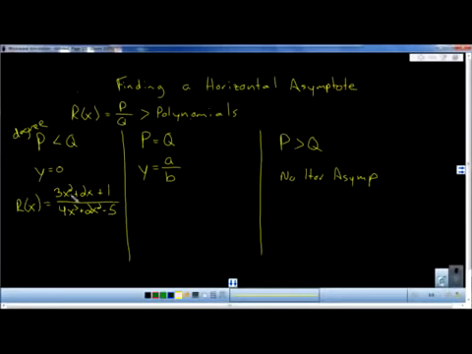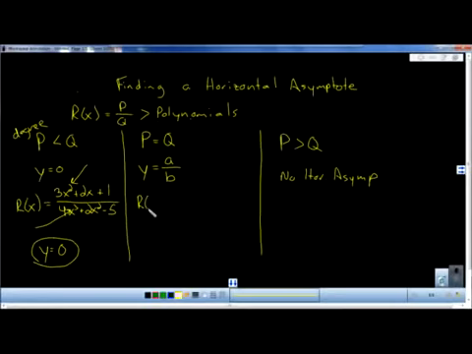The degree of p, the top polynomial, is 2. The degree of q is 3. So the degree of p is less than the degree of q, so the horizontal asymptote is at y is equal to 0.